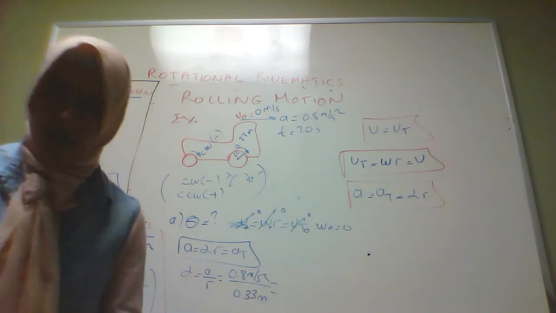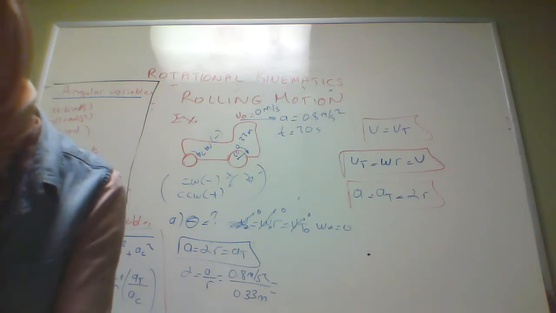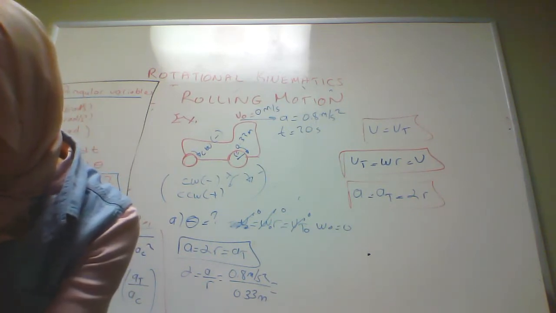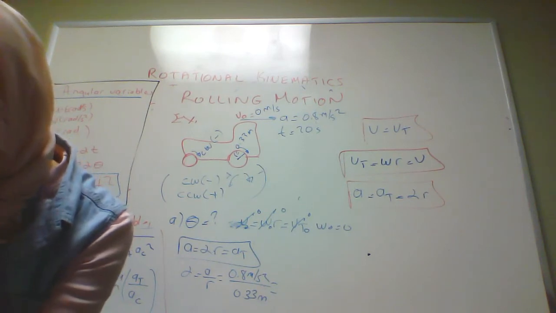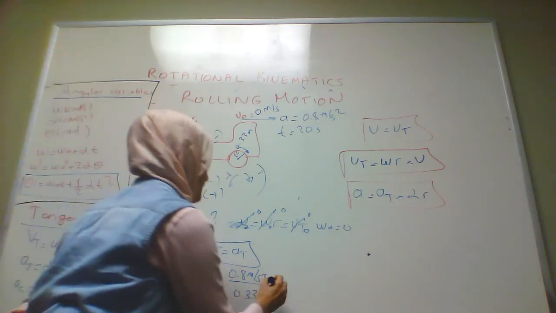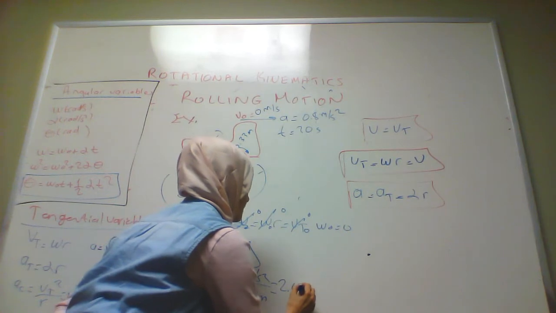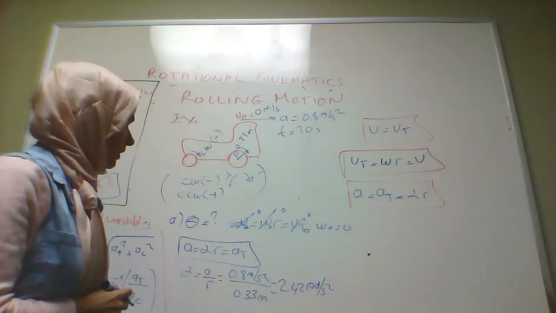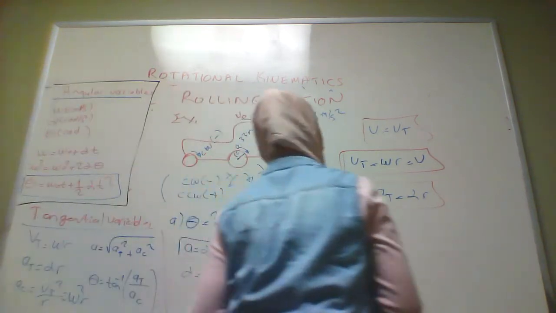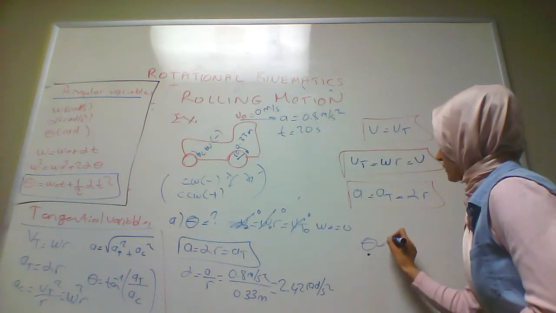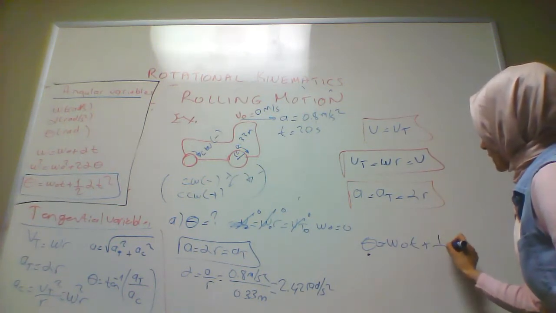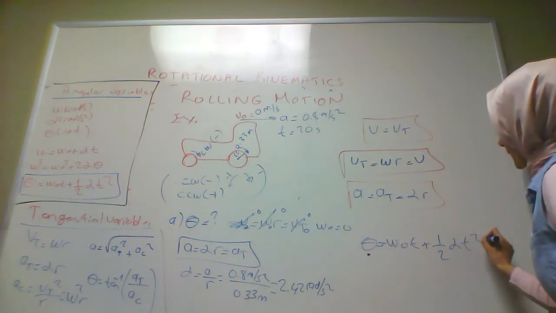So I actually should have an answer here. Let me not lose time on that. It's been some time already. So alpha is 2.42 rad per second squared from here. Now I can use this equation. Theta is equal to omega 0 times time plus 1 over 2 alpha t squared.